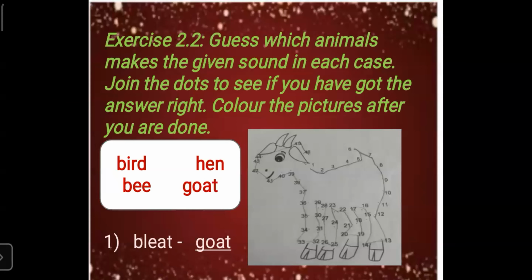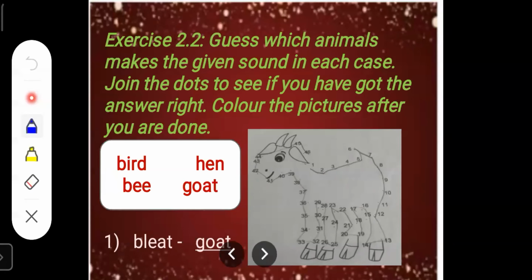Next is what have we done? Next part of module number 5, children. Here some dotted numbers are given. What were we supposed to do here? We were supposed to join the numbers, and after joining the numbers, it was an animal or a bird or an insect.